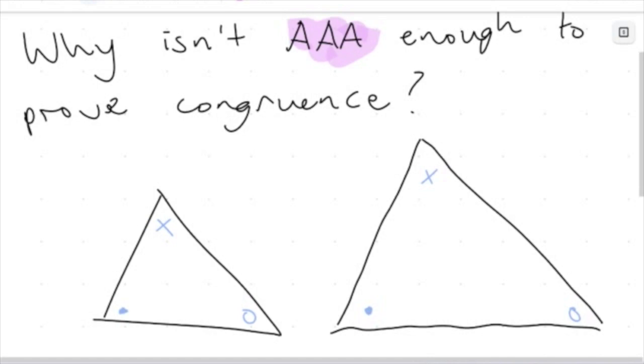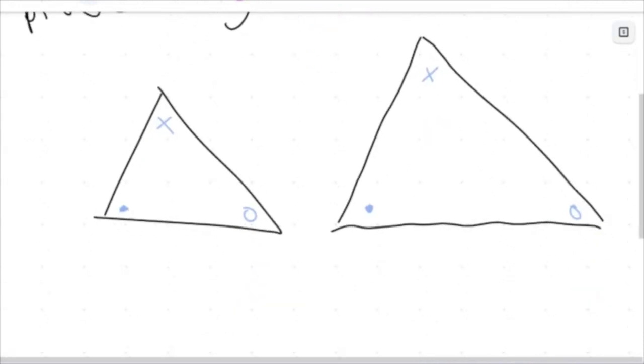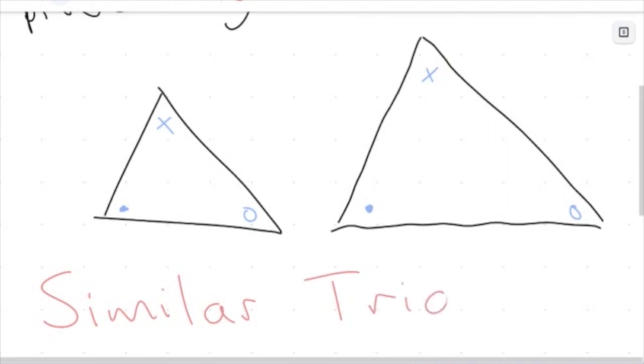And if they have these same angles, but are different sizes, these are no longer congruent. These are what we call similar triangles, or similar figures.